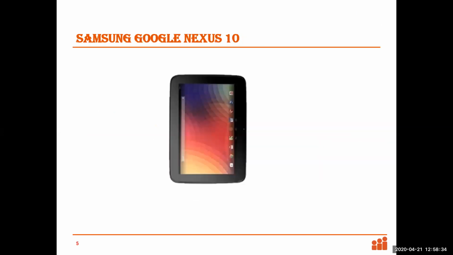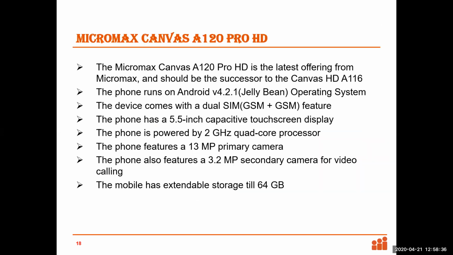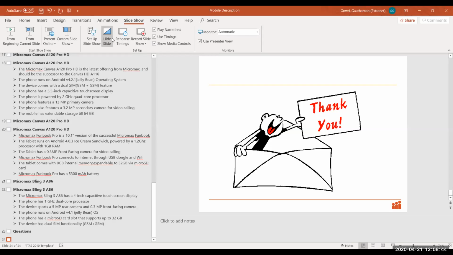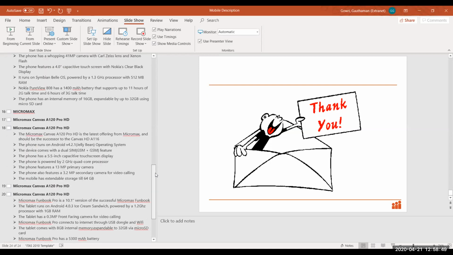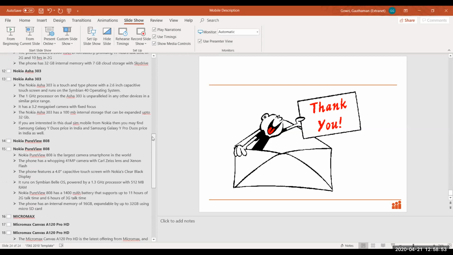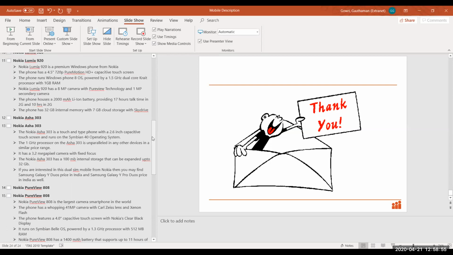You will see only Samsung and Micromax. You don't see the slides that were hidden. So that's the advantage of hiding the slide. You can use these options so that at the time of presenting, you don't have the slides which are irrelevant at that point of time. So they don't come up, and you don't have to worry about them being seen by the audience.